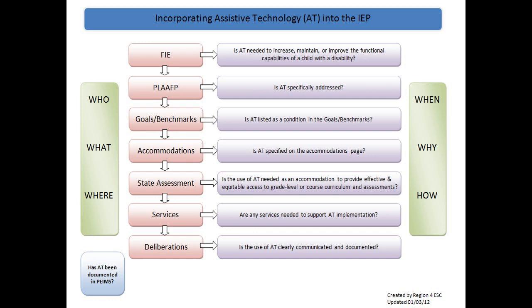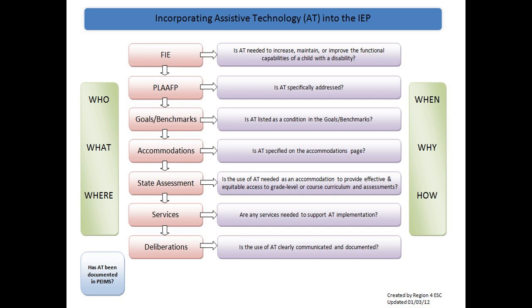Then also, PLAF is present level of academic and functional performance. State assessment: look at state assessment, and is the use of assistive technology needed as an accommodation, so you can provide effective and equitable access to the testing materials?